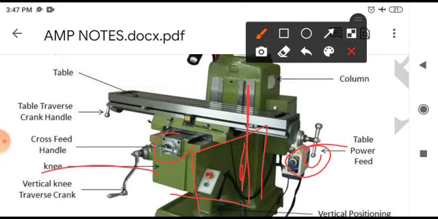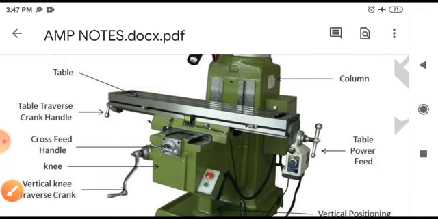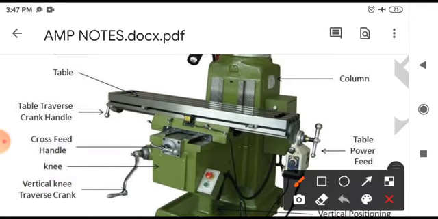This cross feed handle you can rotate anti-clockwise or clockwise to move the table longitudinally. You can move this whole table. These are for cross movement, and these are for longitudinal movement.